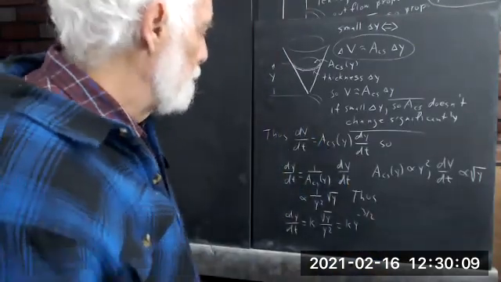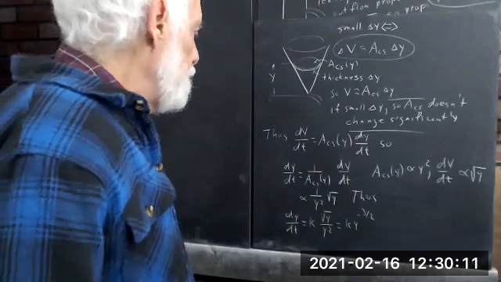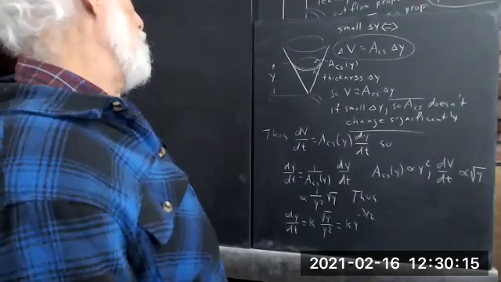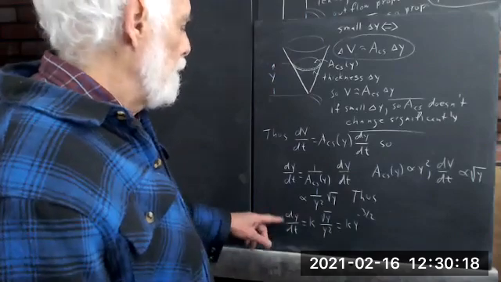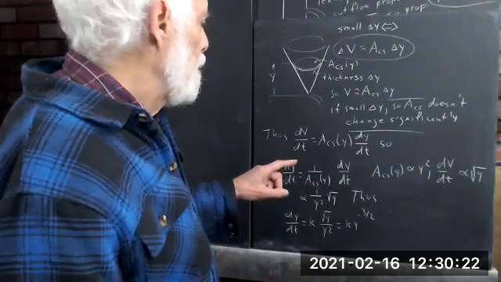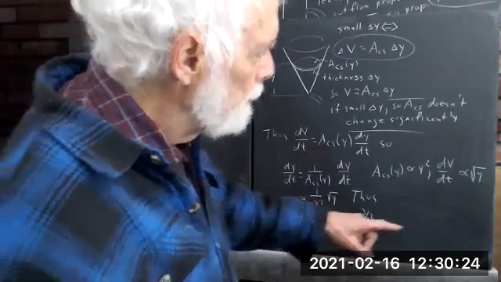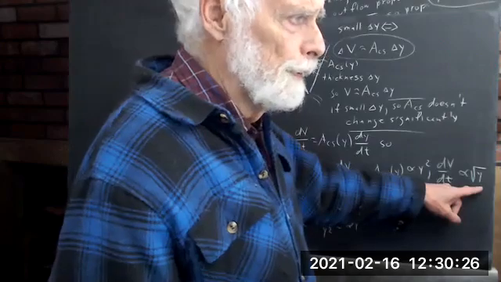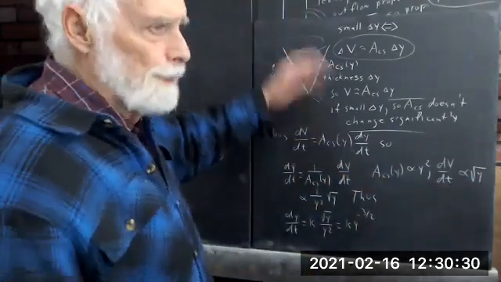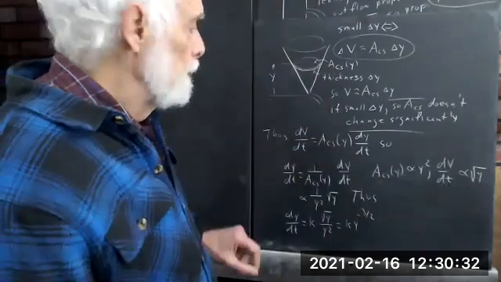Okay. So conceptually, dV/dt slows proportional to the square root of y. And that's the same as if you had a uniform cylinder.